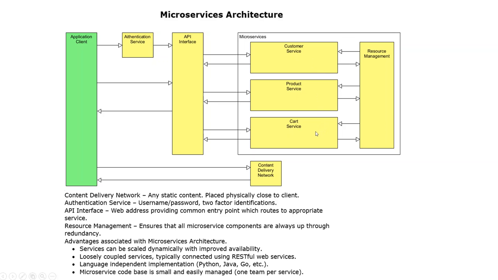varying deployment schedules. And because everything is controlled through APIs, all you have to be concerned about when deploying, say, a new instance of the customer service application component, is that the API interface between the customer service and the product service remains stable, so that you are not making any changes that will then cause changes in the product service.